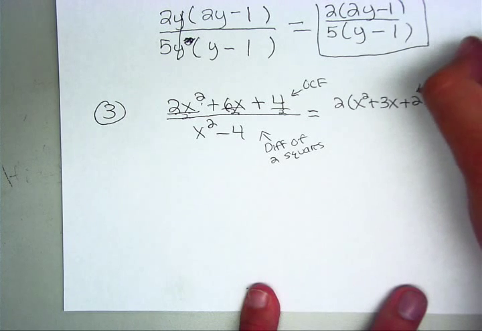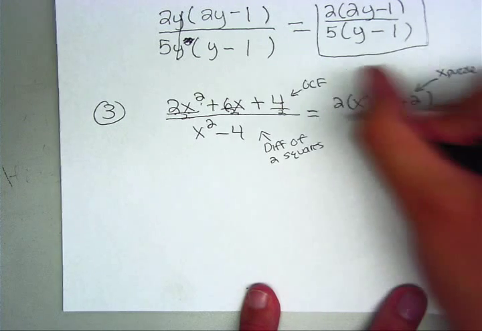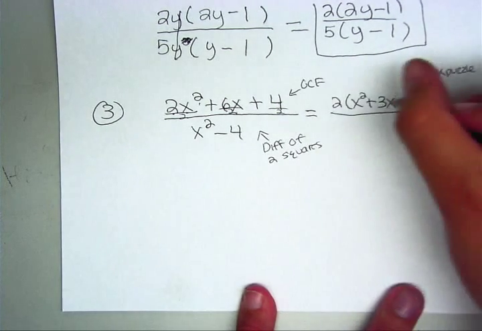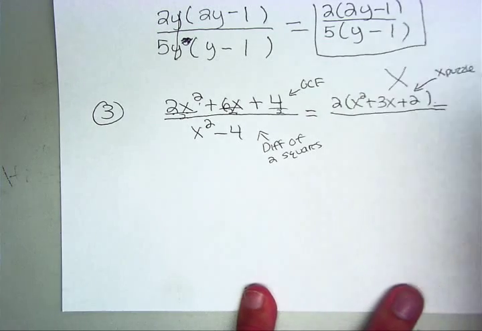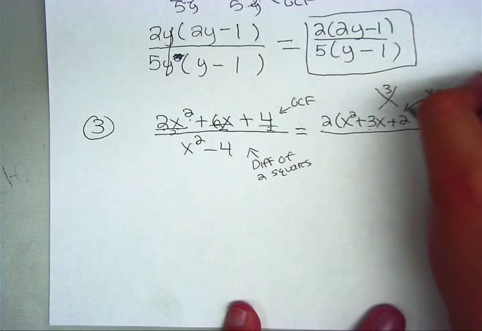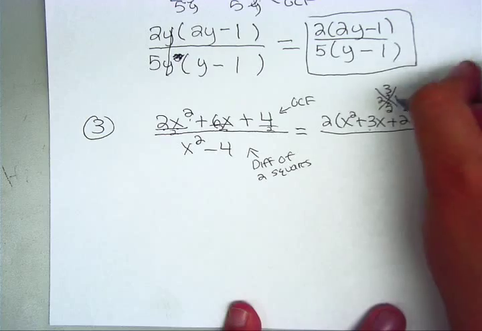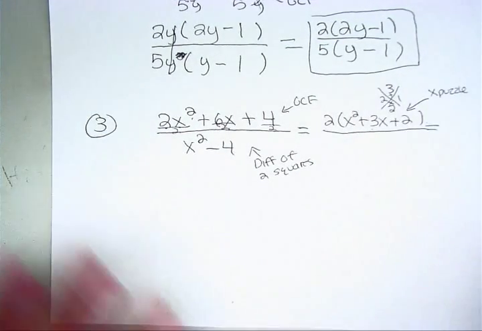If I take a look at this now, this is an X puzzle. When I do an X puzzle, 3 goes on top, 2 goes on bottom. The two numbers that multiply to 2 and add to 3 are 2 and 1. Now we need to be careful.